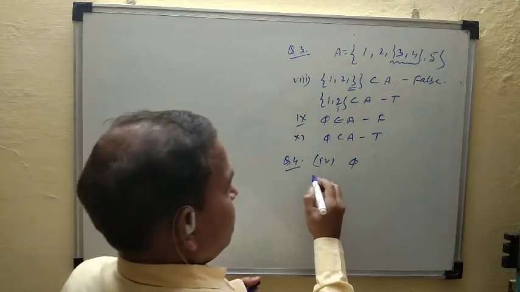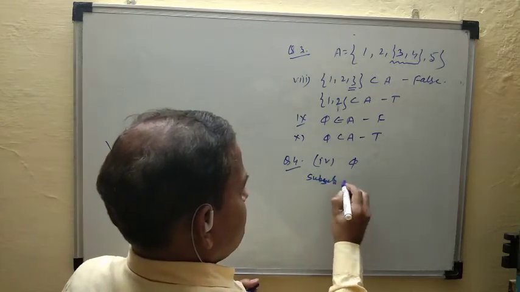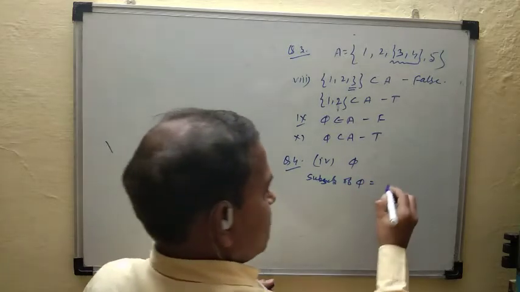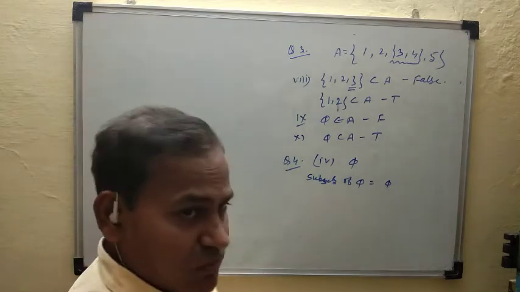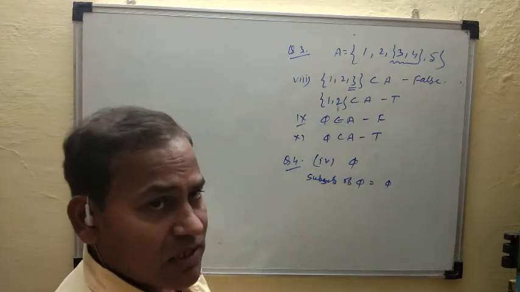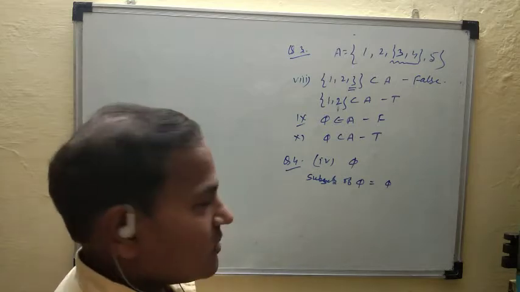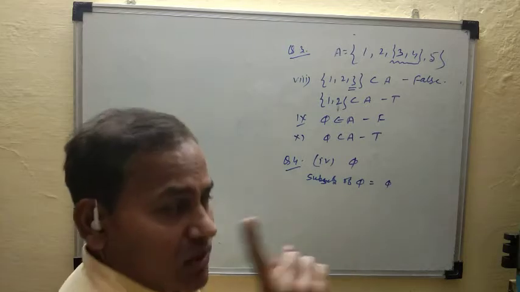So subsets of phi is equal to, since phi is the subset of all sets, first write subset phi, then single element, but phi having no element, so only one subset of phi.